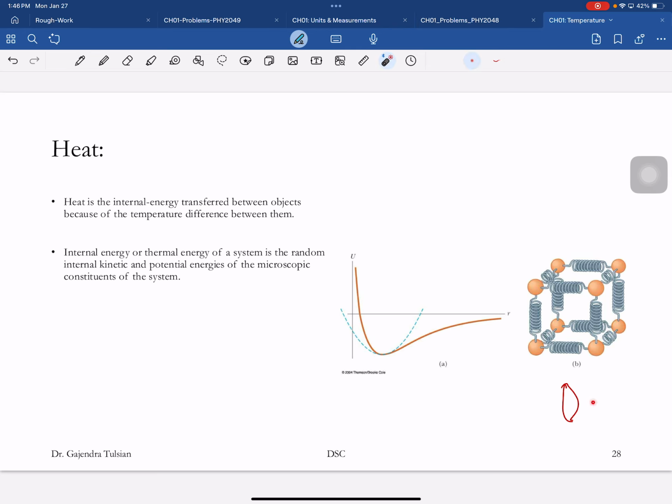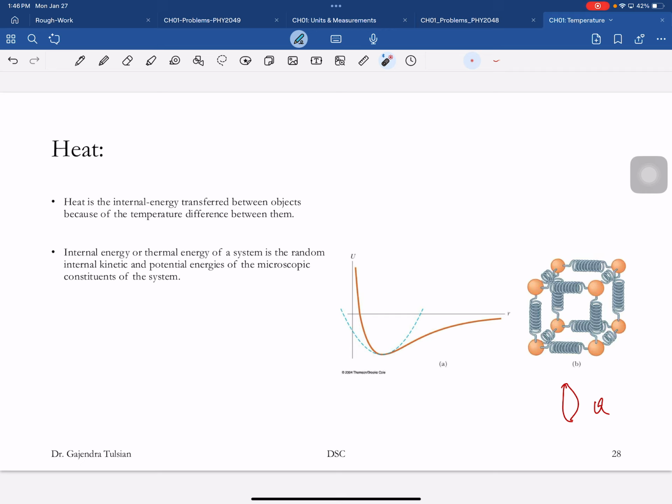If you add heat to the substance, so let's say your solid has 8 atoms and you add 160 joules of heat, 20 joules will go to each of the atoms, 10 to kinetic energy and 10 to potential energy. So an equal amount of heat is added to each degree of freedom.